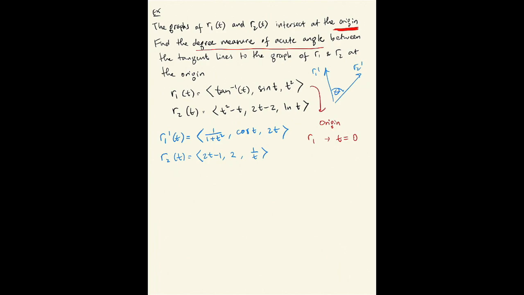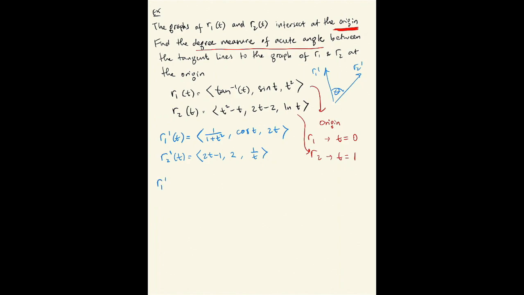Zero, yeah. For R2, t equals 1. So we evaluate both derivatives with t equals 0 and 1 for each R1 and R2. So R1 will be 0, R2 will be 1.